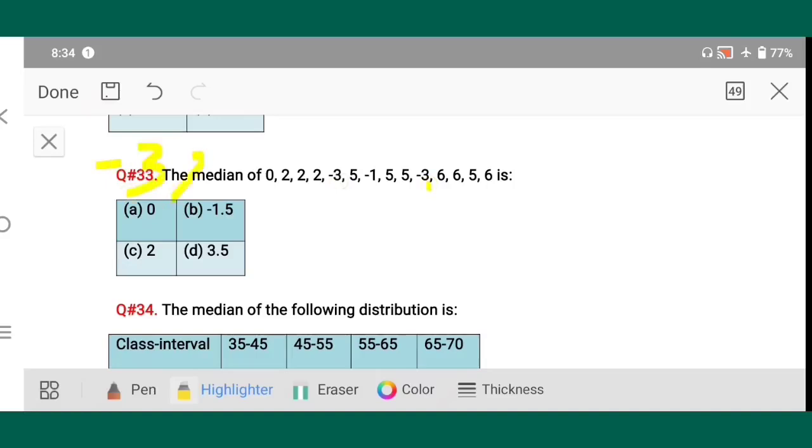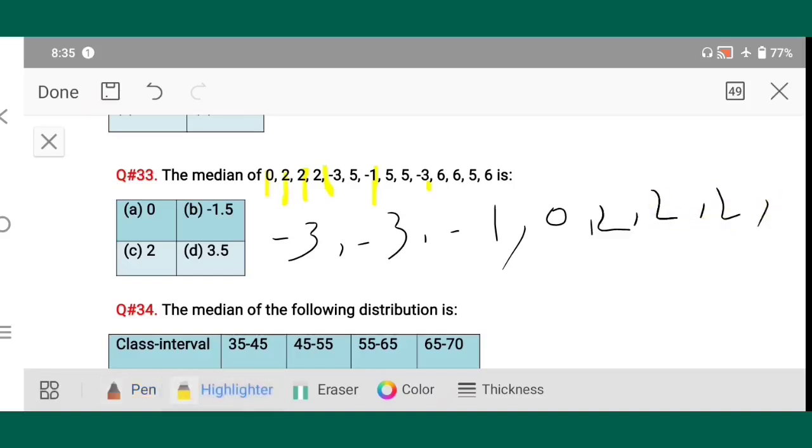So minus 3, then minus 1, then 0, then 2, means 3 times 2, so 2, 2, 2, and then 5, 4 times 5, and the last one is 6, so 3 times 6.